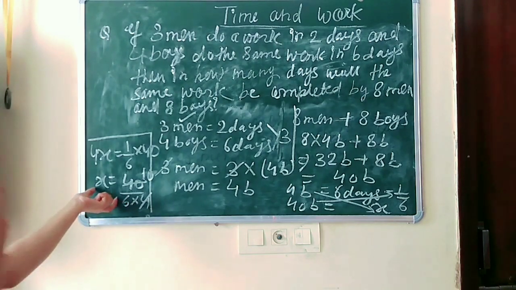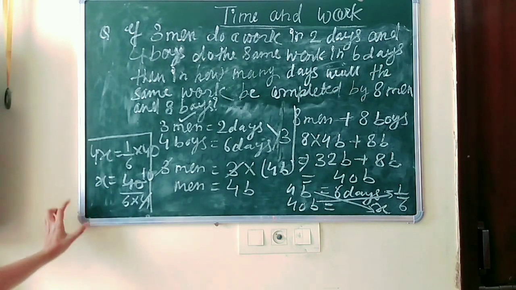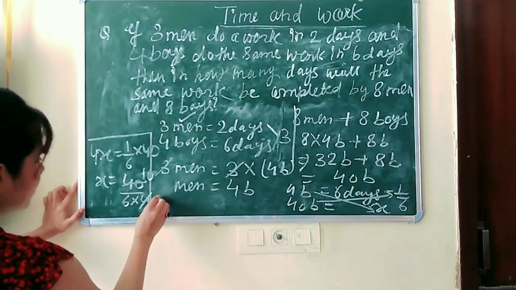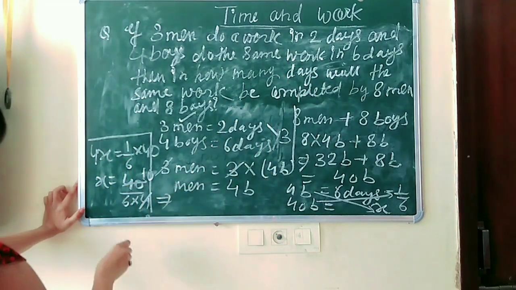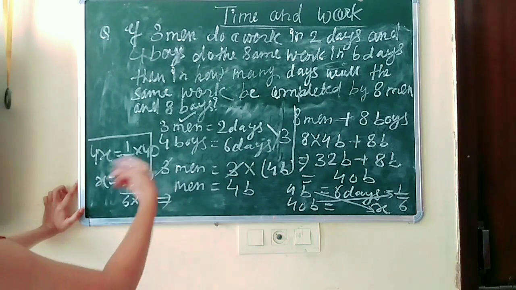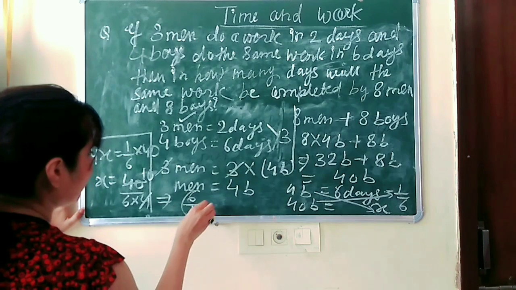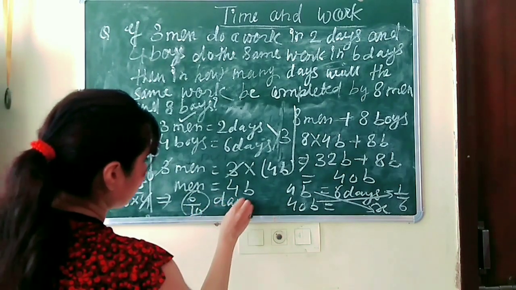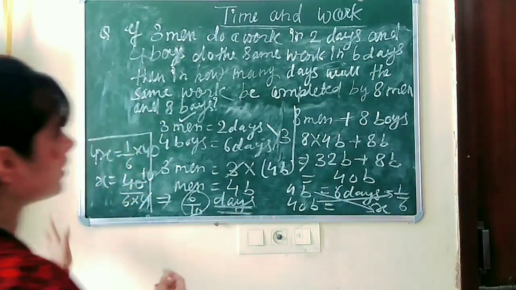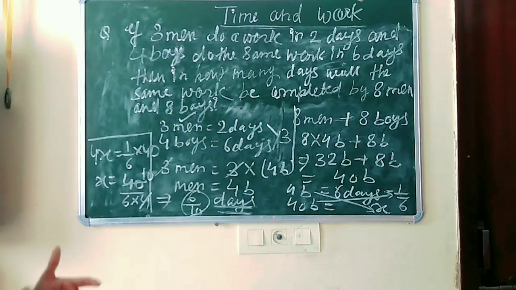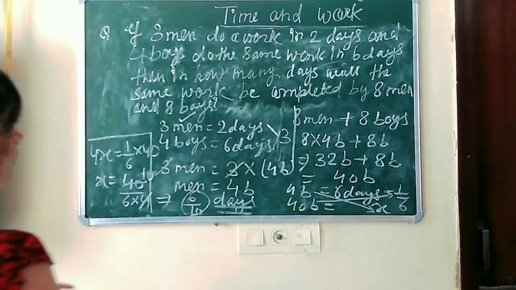Now it is the amount of work for 1 day and we have to find the days, so we will just invert it. That will be 10 by 6, so we will get 6 by 10. So this is the number of days required by the 8 men and 8 boys together to finish the same amount of work.